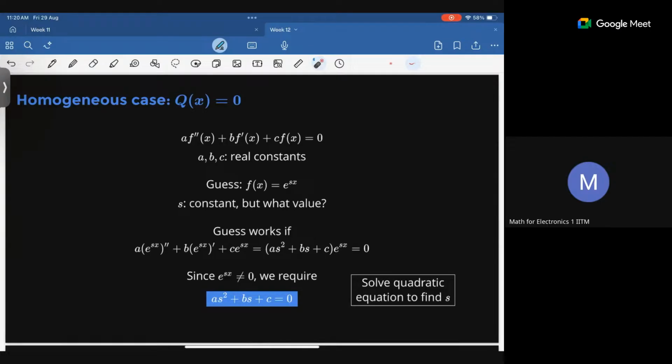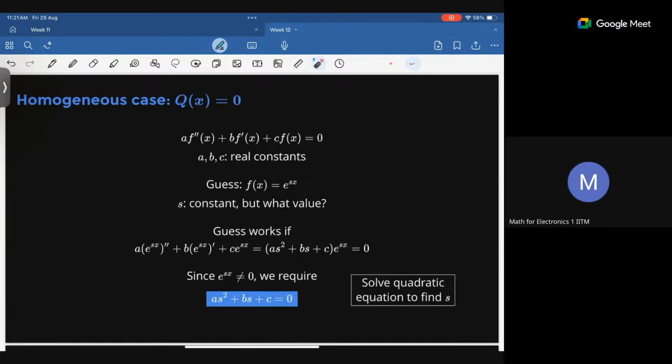So a, b, c are real constants, and the solution that we are going to guess is e power sx, where s is some constant. If f of x is e power sx is the solution, and I substitute it in the differential equation, it should get satisfied. Then I can say it is a solution.